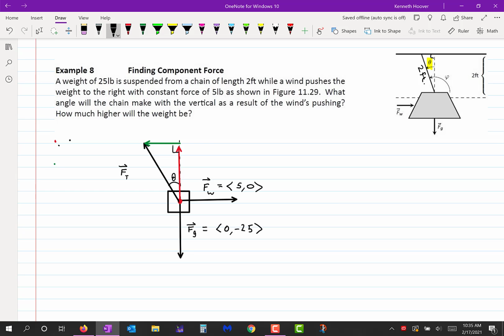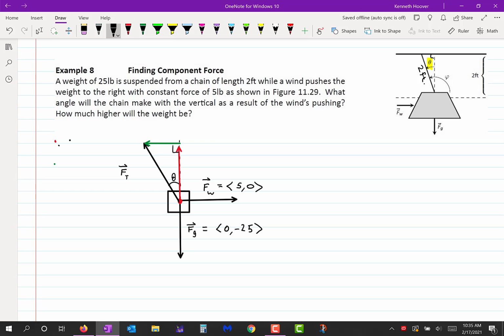It is the tension force on the chain, which means it acts along the direction of the chain, but the strength of the force does not equal the length of the chain. So the length of that arrow is not necessarily the same as the length of the chain. In fact, it almost certainly won't be.